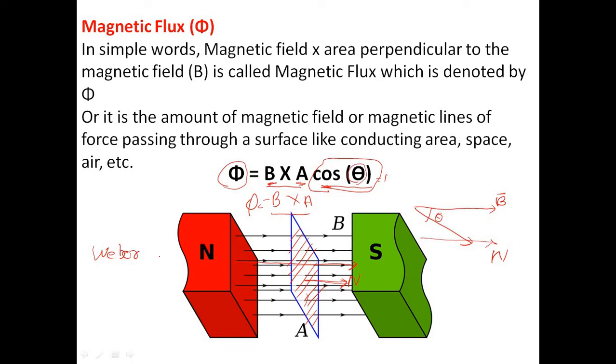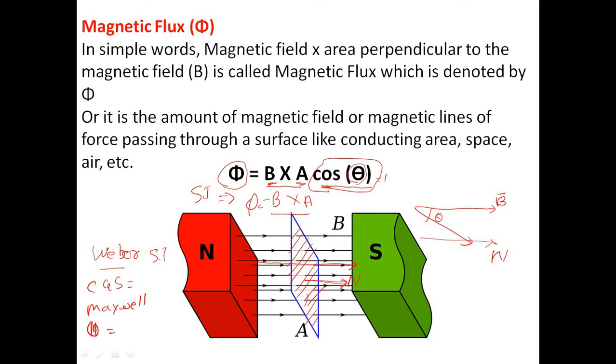So Weber is the SI unit, and in the CGS system it is the Maxwell, instead of Weber, and the formula will be the same.